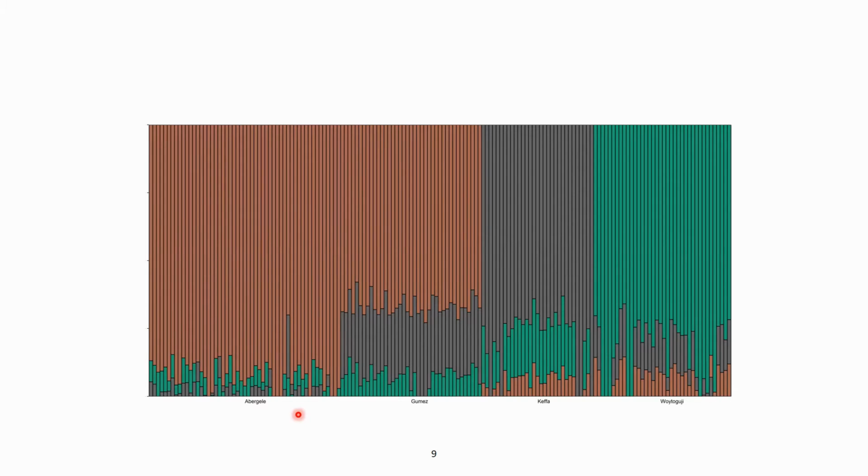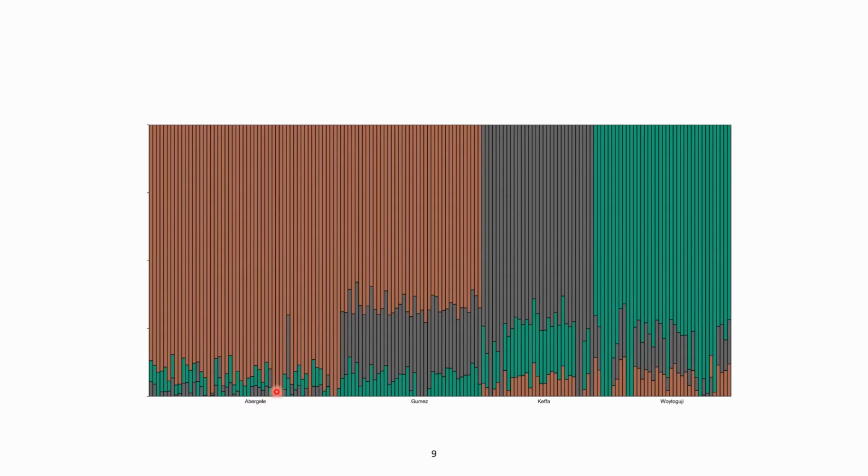So you see that this analysis was done with 3 parental populations in mind, and many of these individuals are actually the admixed forms from these 3 parental populations. But in some cases, you see some of these bars are just with a single color, indicating that these could be somewhat different from the typical individuals in this region.